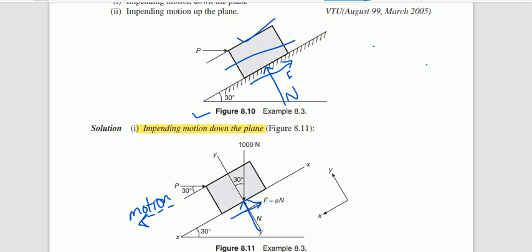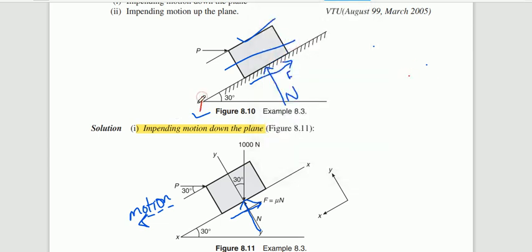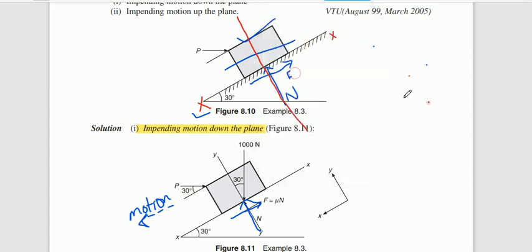To draw the weight of the block, you need to consider the x and y axes. This is our x axis and this is our y axis, that is, the coordinate system. And we know that the weight of the block always acts vertically downward. That concept you need to remember.